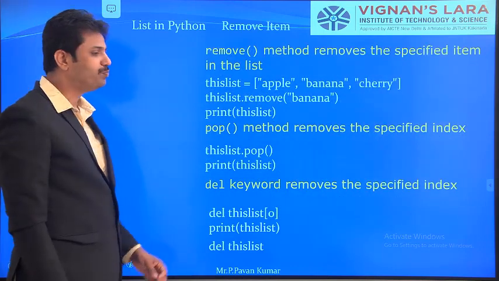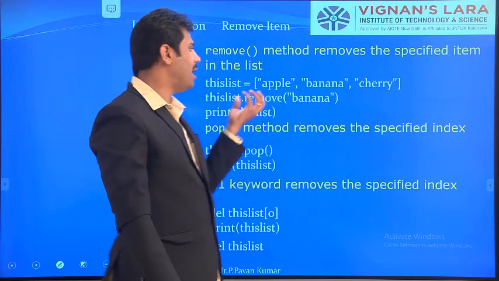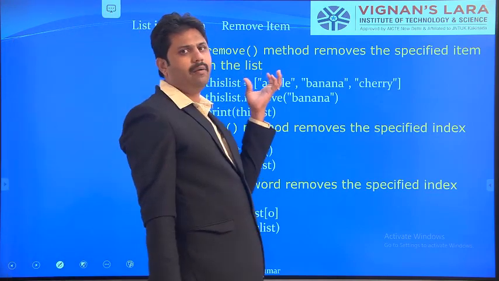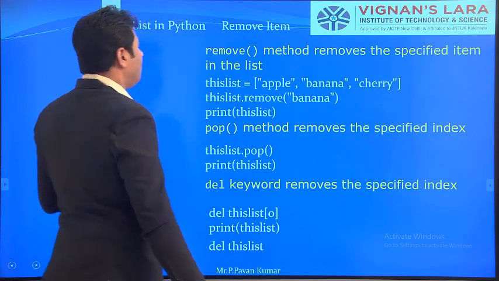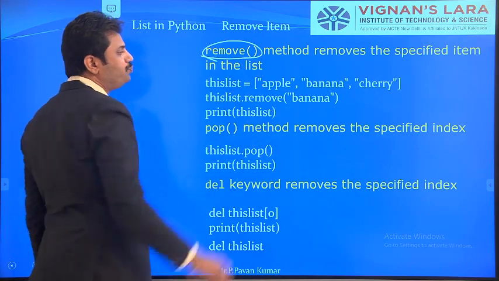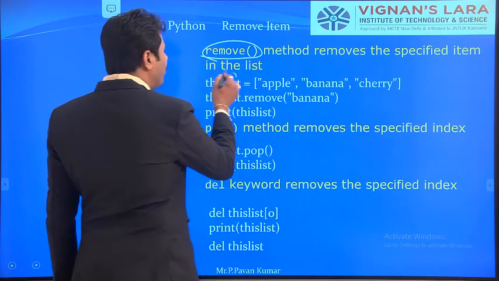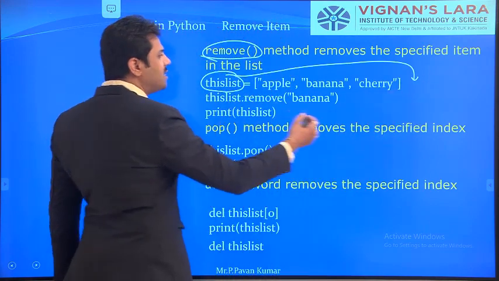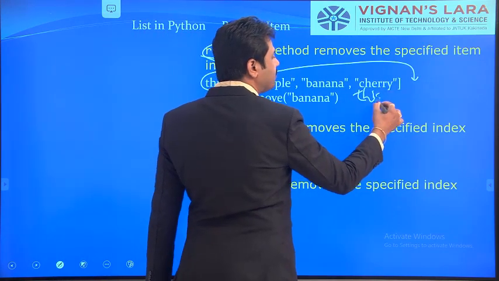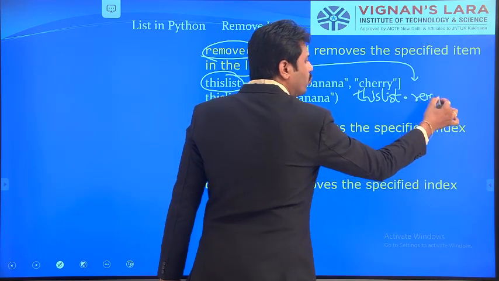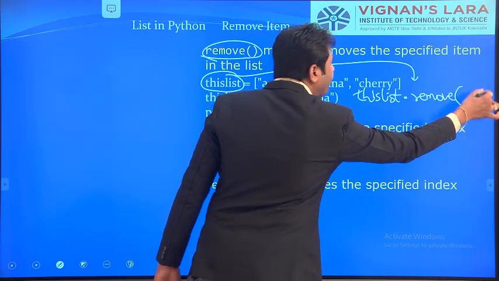Next one, remove. I want to remove a particular element or data in my list. I have a method, remove. You have to take the name of the list. What is the name of my list? This list dot remove of that particular value.